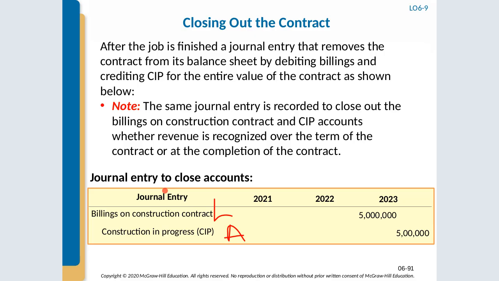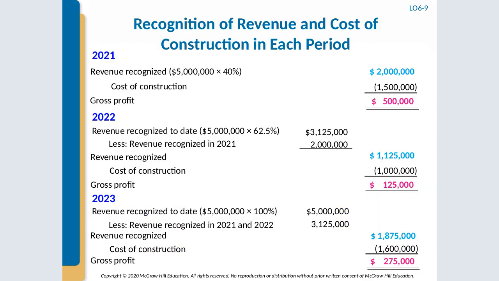So this is an anomaly, but it is an anomaly specific to percentage of completion and also completed contract as well. It has to do with the recognition of revenue for long-term contracts. So we are closing the construction in progress. We're crediting the 5 million, and we're closing the billings on construction contract. So we're debiting the liability. This closes these two accounts.